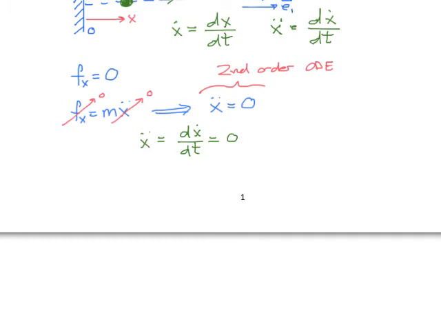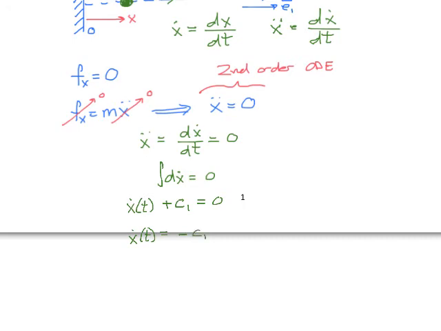We multiply both sides by dt, and that gives us d(x dot) is equal to 0. Then when we integrate the expression, we get that x dot, which is a function of time, plus our first constant of integration c1 is equal to 0. Solving for this, we get x dot at any point in time is equal to negative c1.